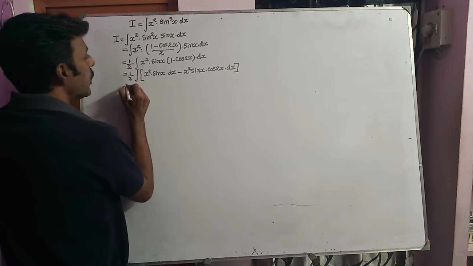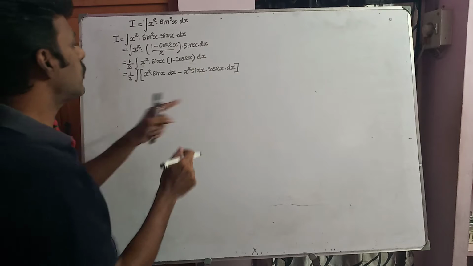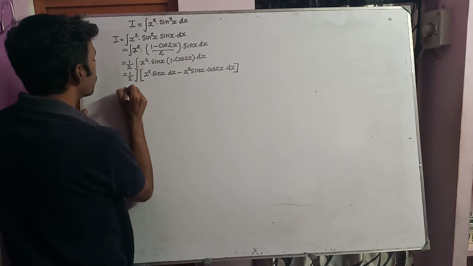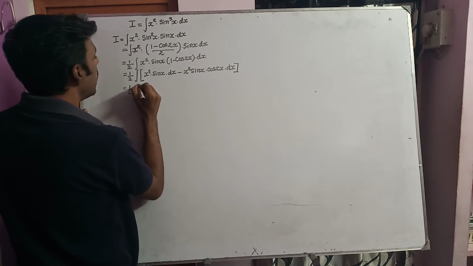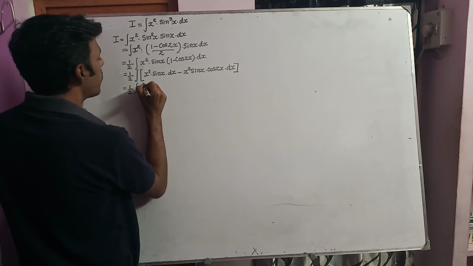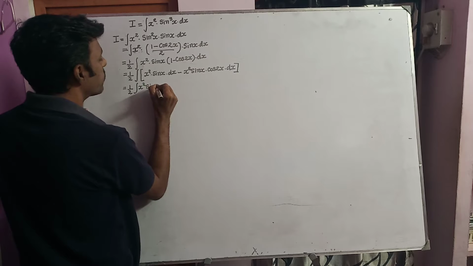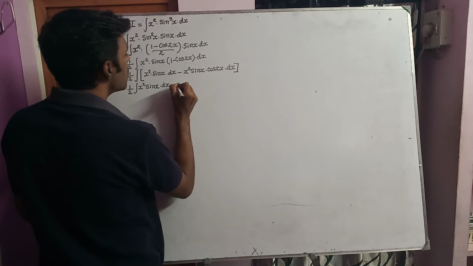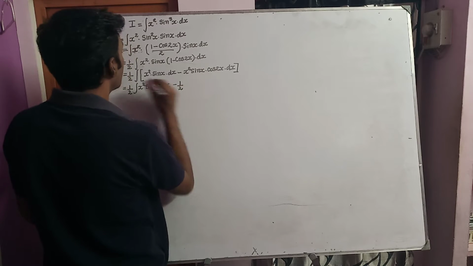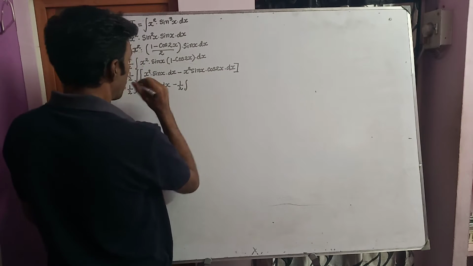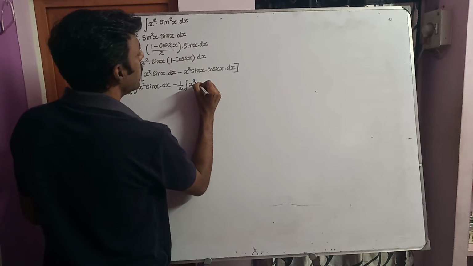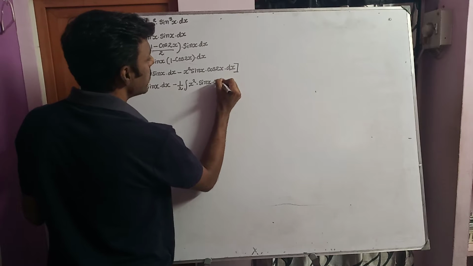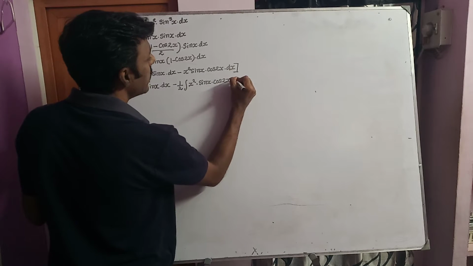I'm going to apply the integral for the terms inside the bracket. So it will be half into integral x squared sine x into dx minus half into integral x squared into sine x into cos 2x into dx.